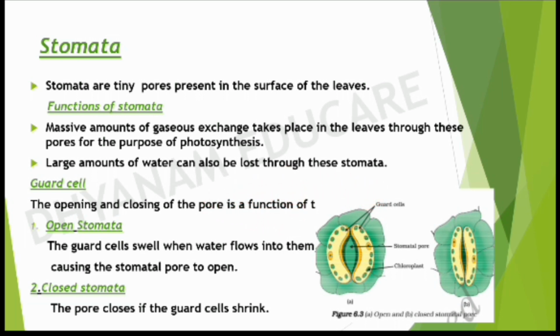What happens in open stomata? The guard cells swell when water flows into them, causing the stomatal pore to open. And in closed stomata, the pore closes if the guard cells shrink.